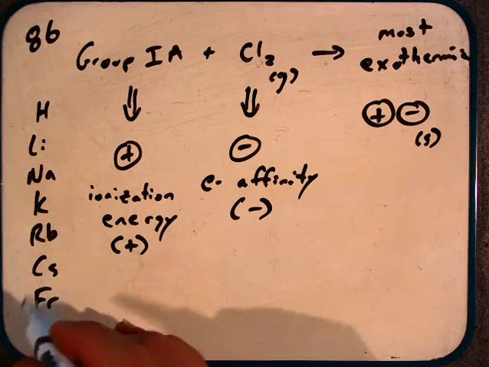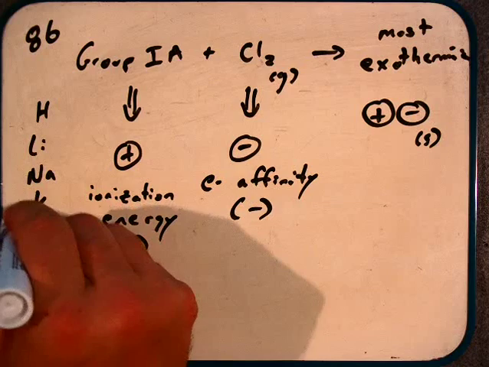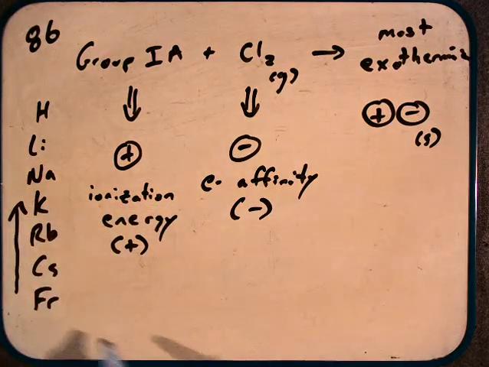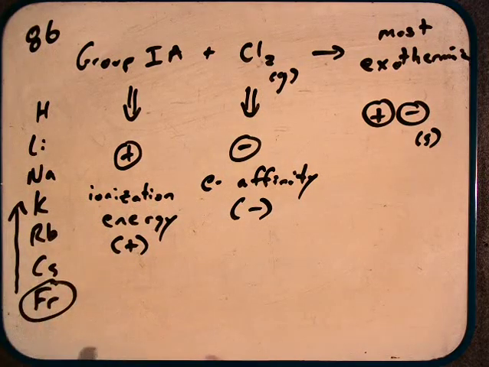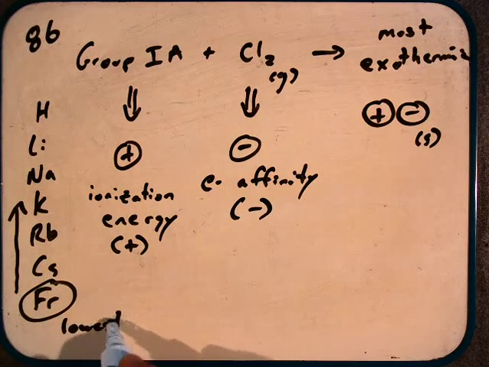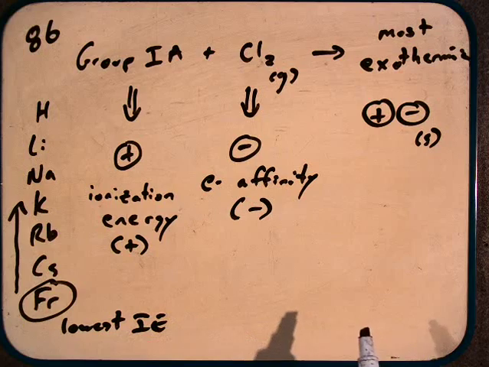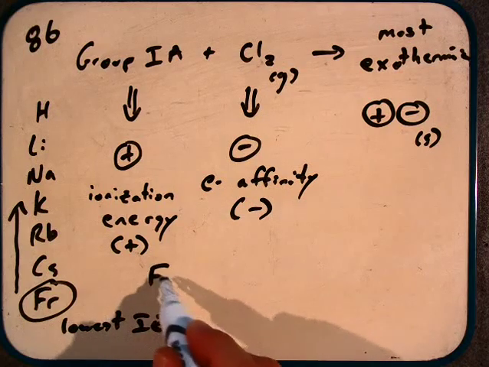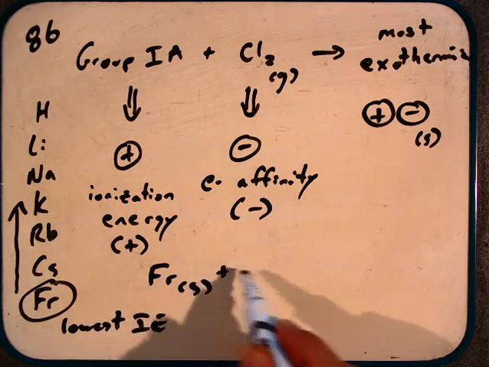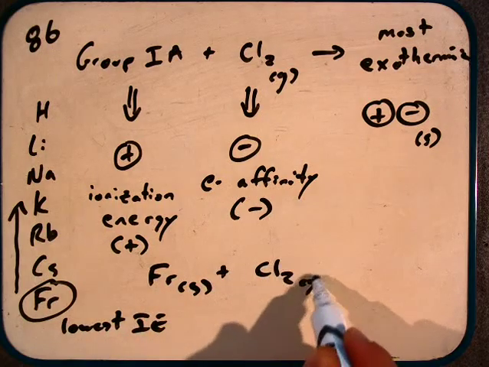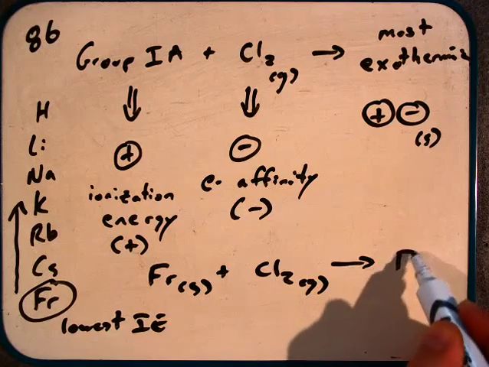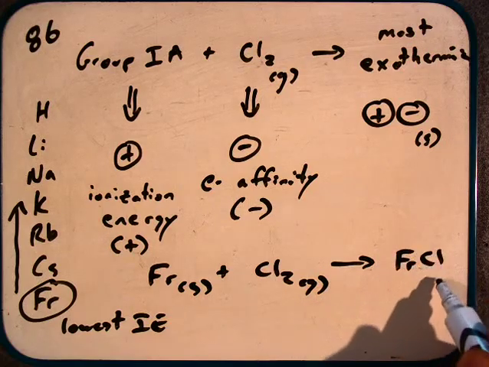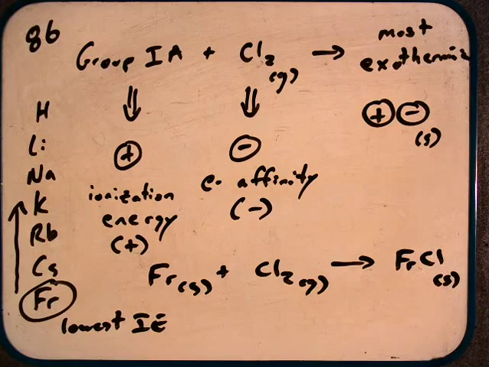And so remember, ionization energy increases as we go up the periodic table, and so that means francium would have our lowest ionization energy. It would be the easiest to ionize, and so really we're looking at francium plus chlorine gas to give us francium chloride as our solid salt.